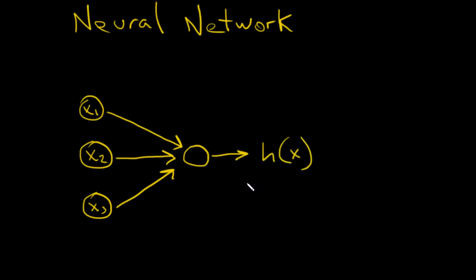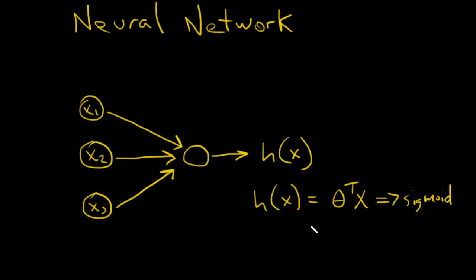Now this hypothesis is going to be calculated by feeding theta transpose x into the sigmoid function. So it's going to look like what we've seen before: h of x is equal to 1 over 1 plus e to the negative theta transpose x.